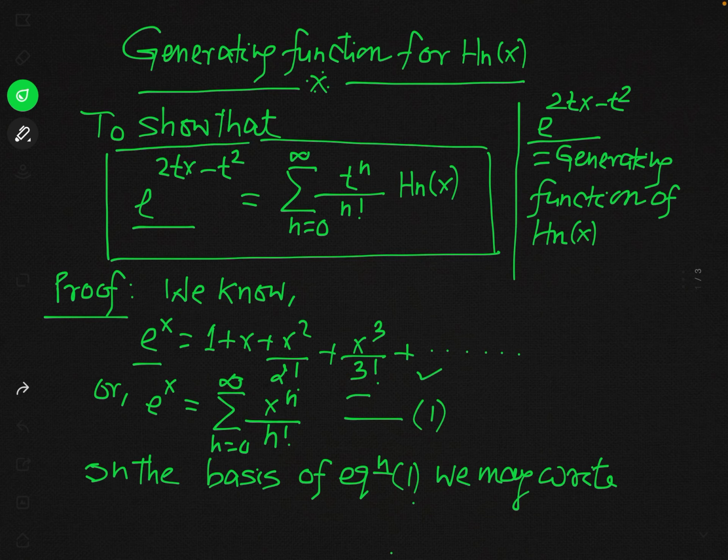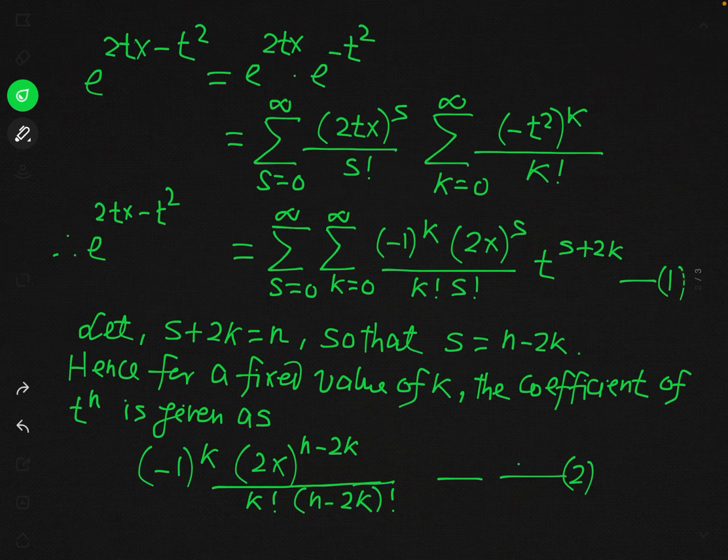In fact, on the basis of this equation 1, that is the equation which defines e raised to the power x, we can write the expression for e raised to the power 2tx minus t square. On the basis of this equation 1, you can see here.